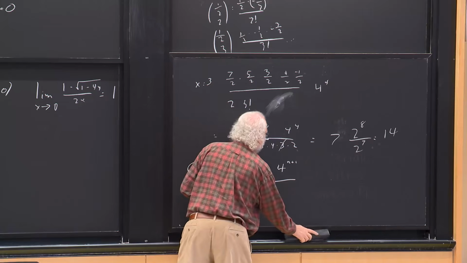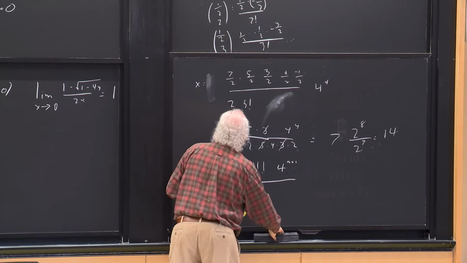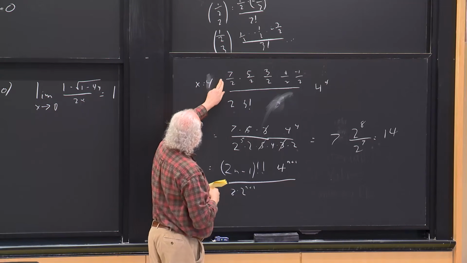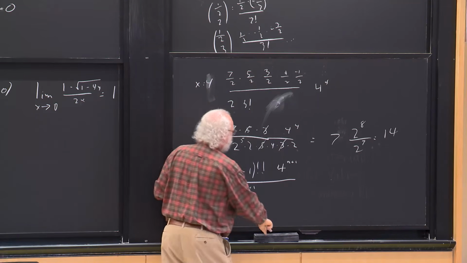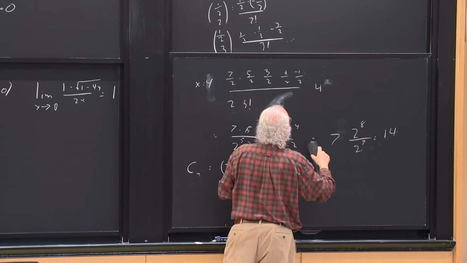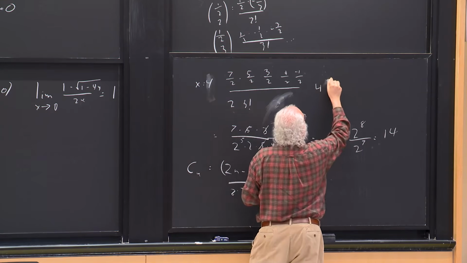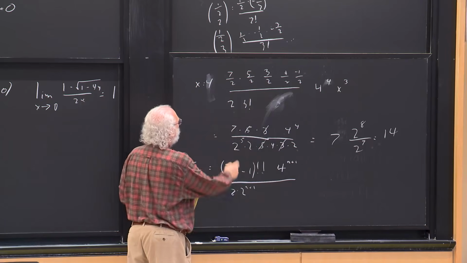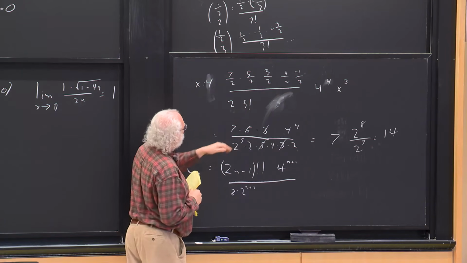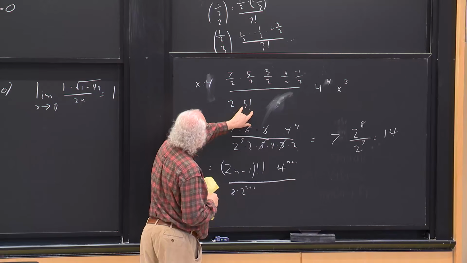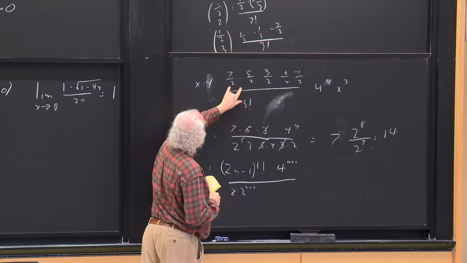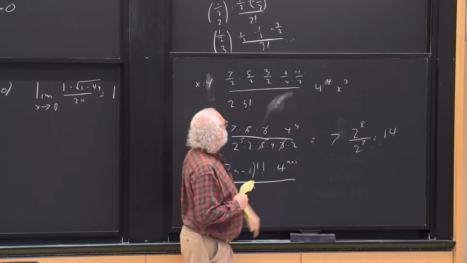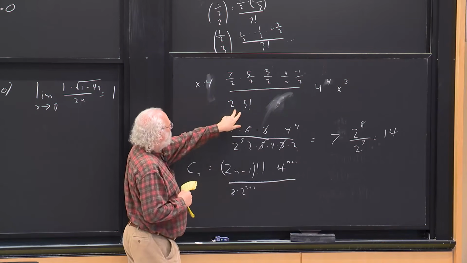And wait, this is x equals 4, not x equals 3. And this is, so this is 4 to the 4th times x cubed over 2 times 5 factorial. So this is indeed n plus 1 factorial. And this is 2. Well, there's 2 to the n plus 1, 2's here, and another 2.